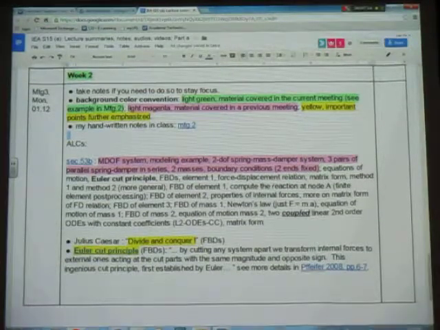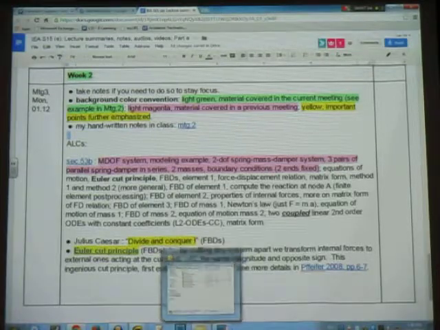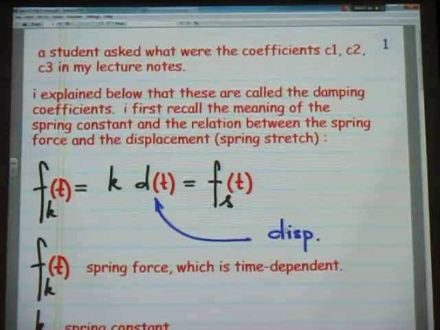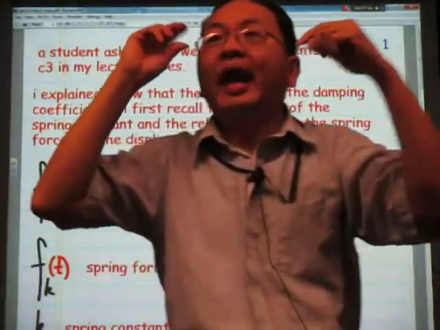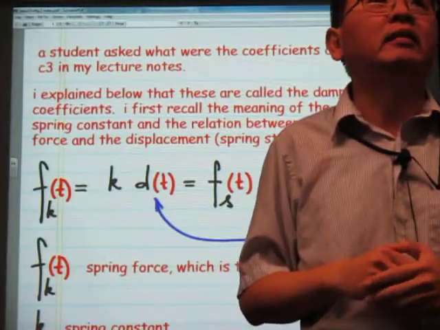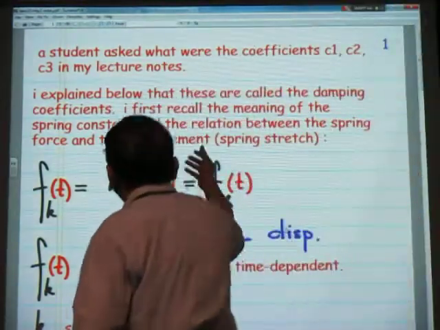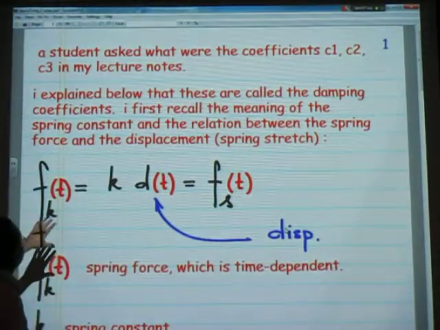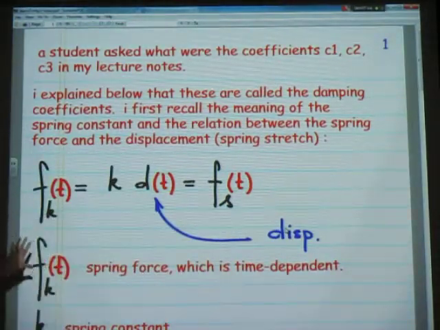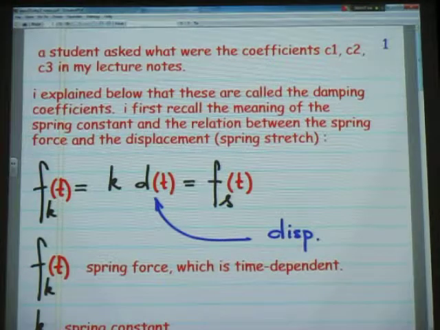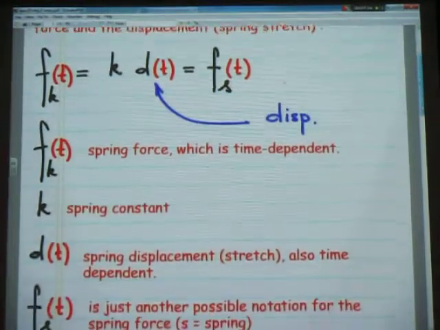Kyle asked about the meaning of the damping coefficient. You see that at the end of class I added my annotation to my handwritten notes, so that it is very detailed. I not just give the formula, but explain each of the variables or functions in the formula.